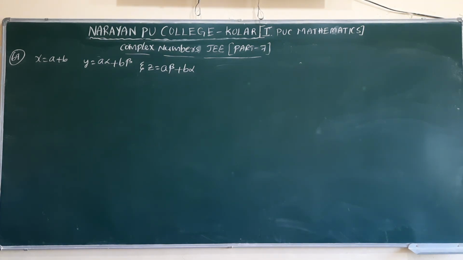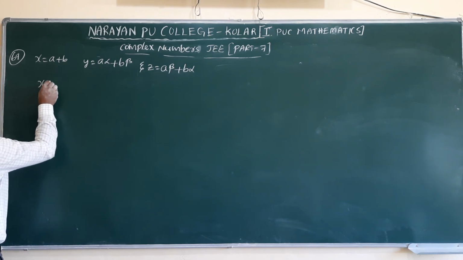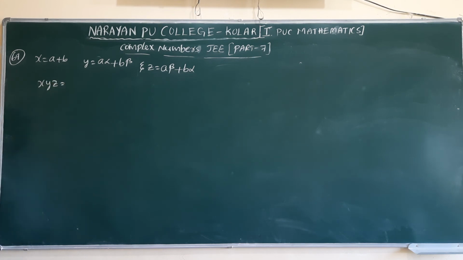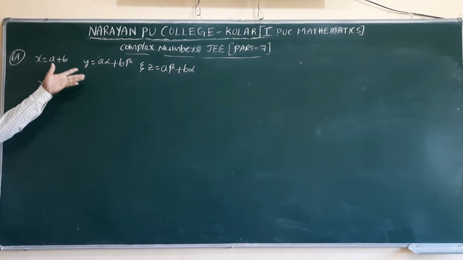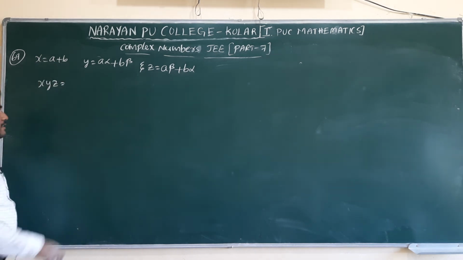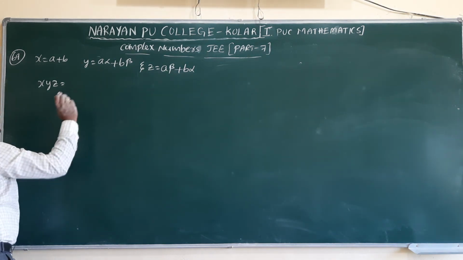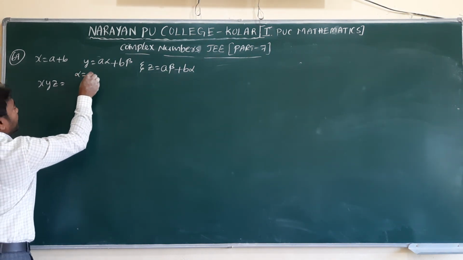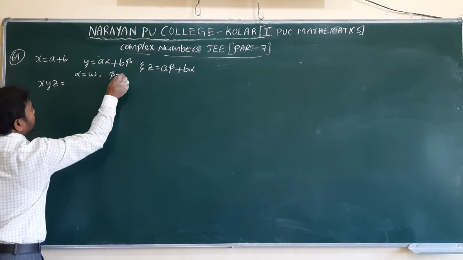They are given alpha and beta are the complex cube roots of unity. Then xyz is equal to. So they are given clearly alpha and beta are the cube roots of unity. The alpha is equal to omega and beta is equal to omega square.